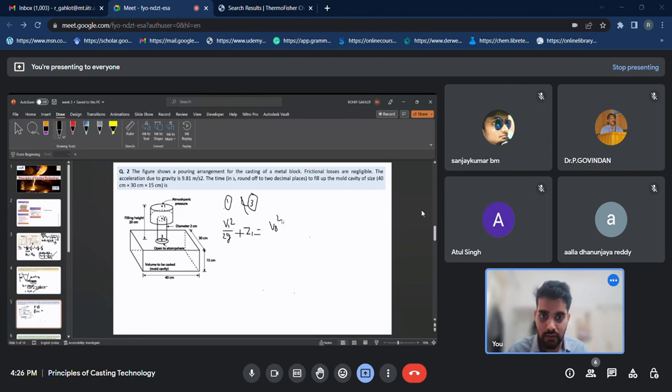So it will be V1 square by 2G plus height Z1, equated to point 3: V3 square by 2G plus Z3, taking the datum as 0. I can neglect V1 as around 0. So finally I will get V3 as root 2GZ.